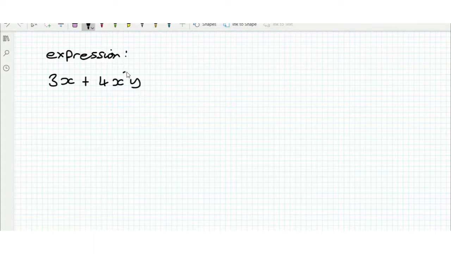This one is just learning some mathematical terms that we need to be familiar with on the syllabus. So first of all, we're going to start off with an expression, and an expression is when we have a couple of terms together but just by itself.